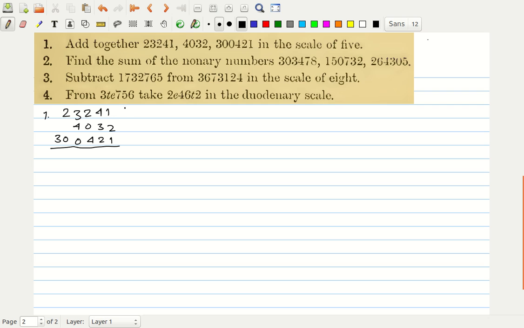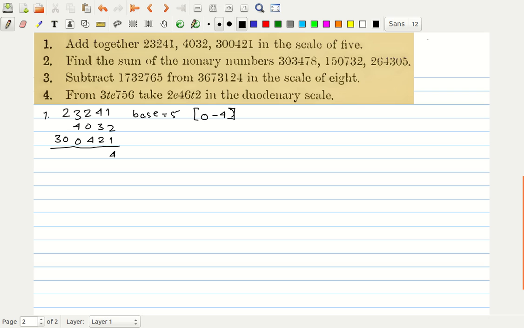Remember that we have to add it in base 5. So 1 plus 2 becomes 3 and 3 plus 1 becomes 4. Now 4 plus 3 is 7 and 7 plus 2 is 9, right? Now 9 is greater than 5. How many symbols can you have here? You can have numbers 0 to 4, right?